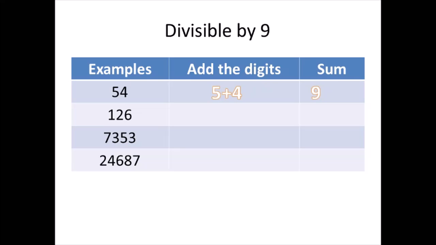Next number, 1 plus 2 plus 6, the sum is 9. Next is 7 plus 3 plus 5 plus 3, and the sum is 18. So to know if the number is divisible by 9, add the digits and determine if the sum is divisible by 9. Again, the last item is for your practice.